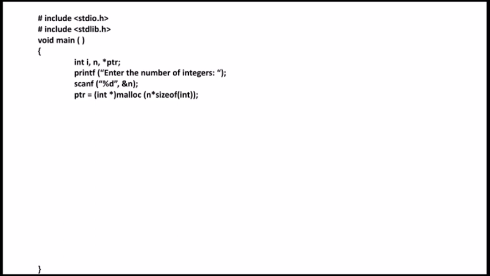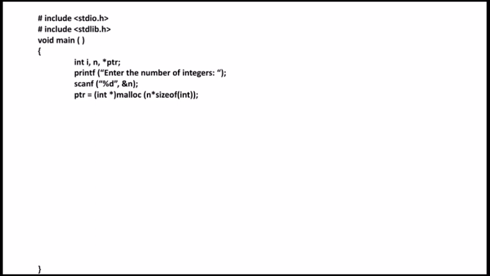Here the sizeof function gives how much space is required to store a single integer. That's why sizeof, and in brackets int. Whatever size is required depends on the compiler, whether it is 2 bytes or 4 bytes, and it will be multiplied by the value of n.